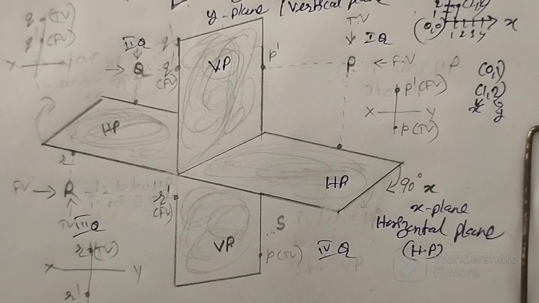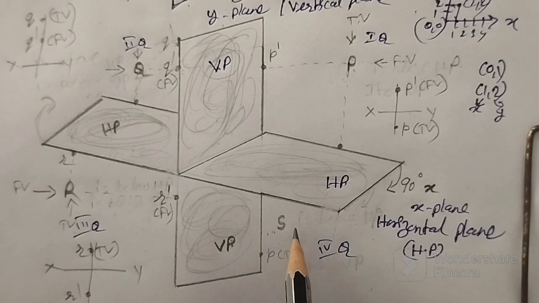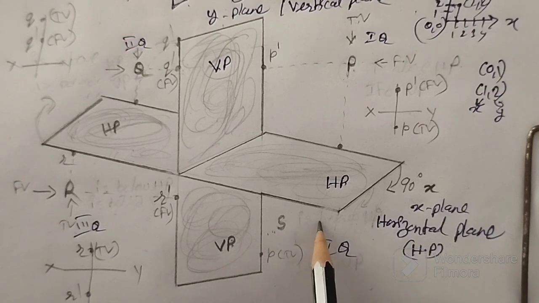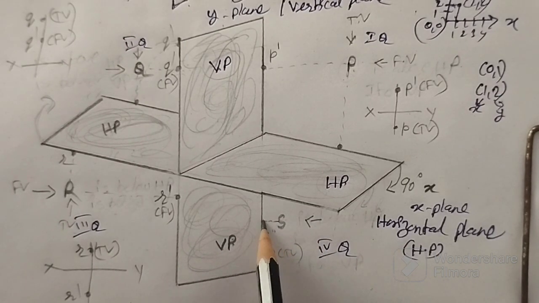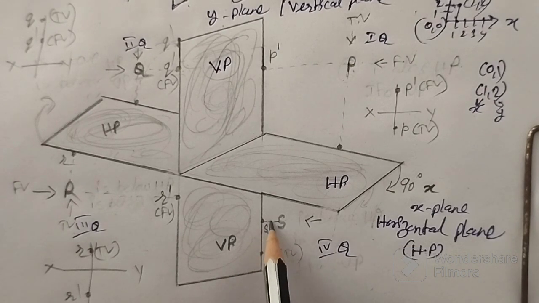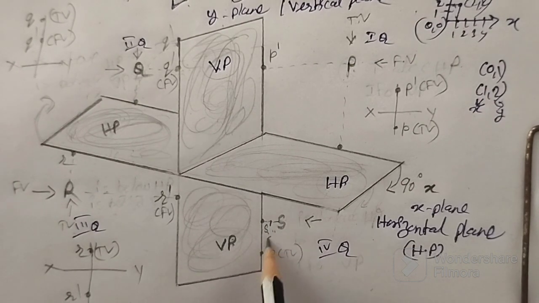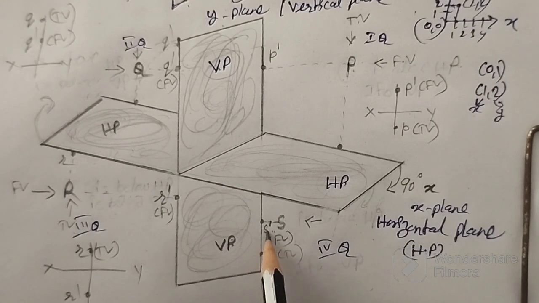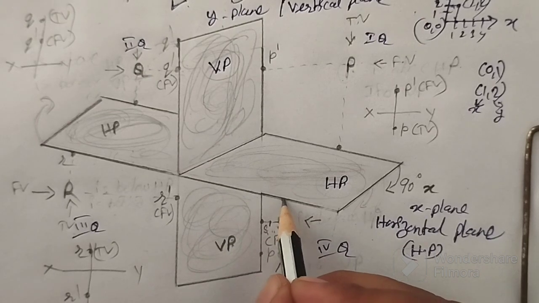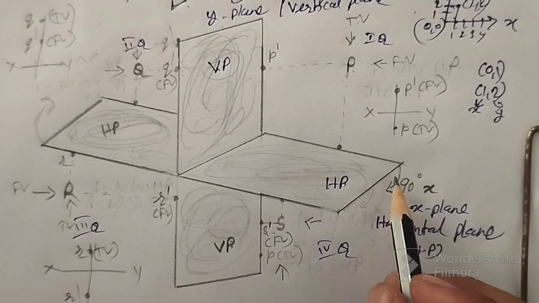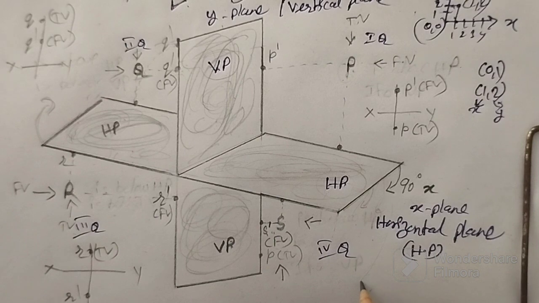Come to the last quadrant, fourth quadrant. So in fourth quadrant, S. Look at this S. The image has to fall somewhere here, S dash. This is my front view, S dash front view. Now look at this S from top view. Image has to fall here, but you have to rotate this to a 90 degree.